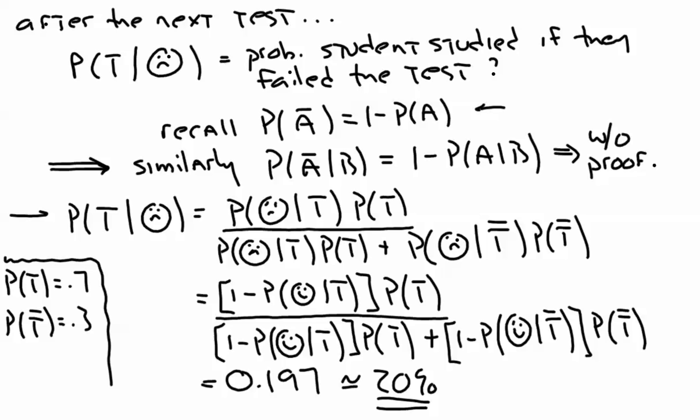A student takes a new test into the future and comes to the office and says, I really studied, but I failed the test. Professor says to himself, what is the probability that this student really did study given that they failed the test? Looks like in this case it's 20%. All right, making predictions into the future based on past observations and data that was collected.